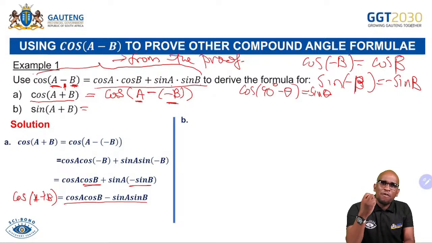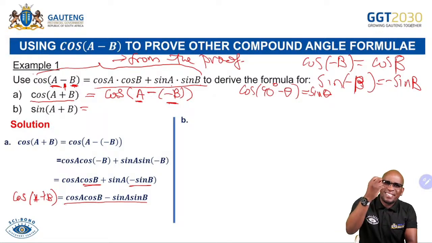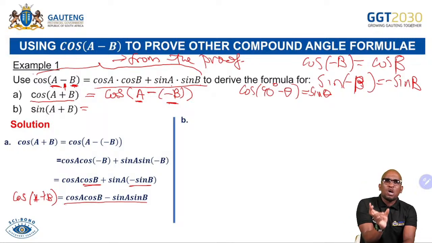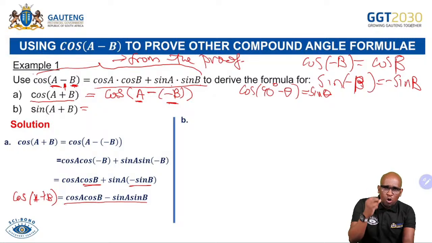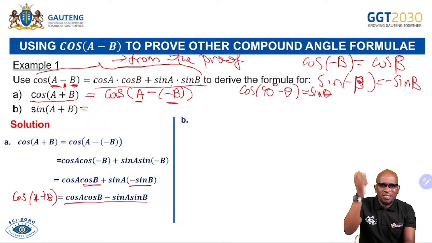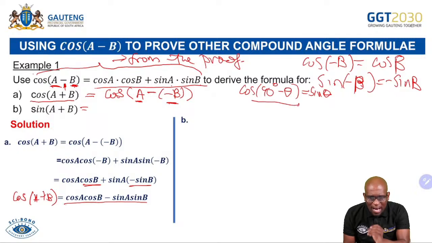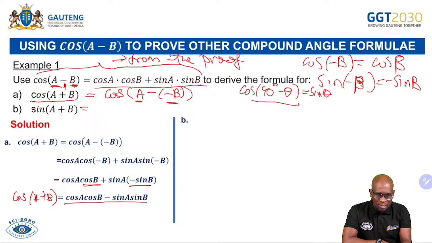So in order for us to write down the sine as a cosine, it should be the cosine of the complement of that particular angle, because the sine and the cosine are cofunctions. They are complementary functions. So we will write it as 90 minus theta. So the cosine of 90 minus theta becomes the sine of theta.